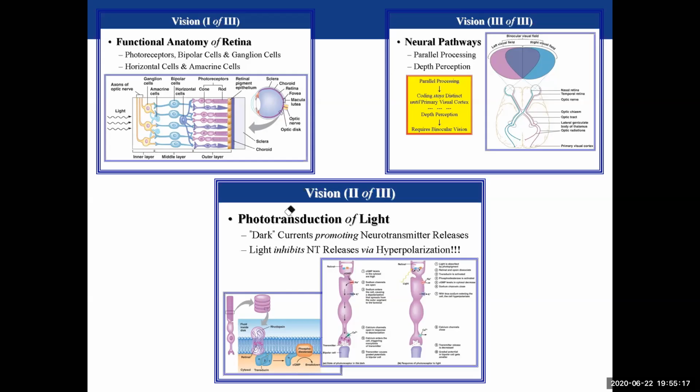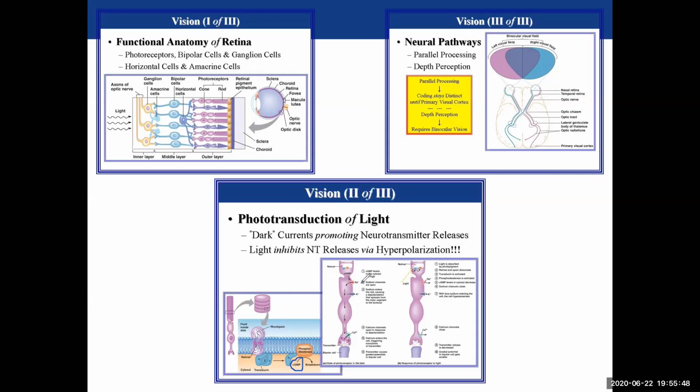Cyclic GMP is another example of a second messenger: lowercase c, uppercase G, uppercase M, uppercase P. So cyclic GMP is acting as a chemical signal, activating a sodium channel from the inside of the cell.